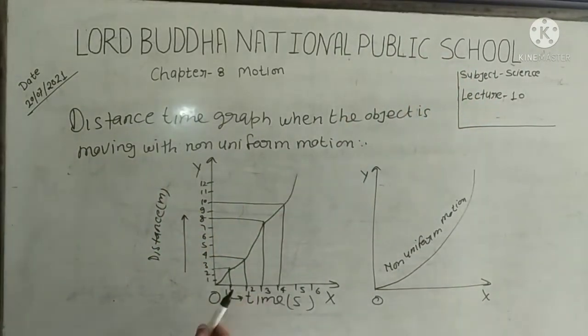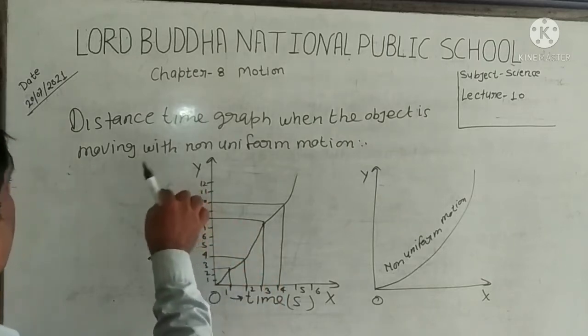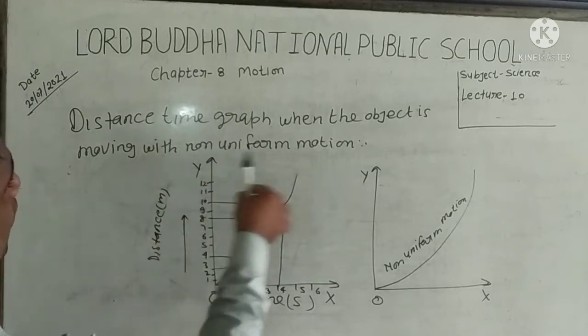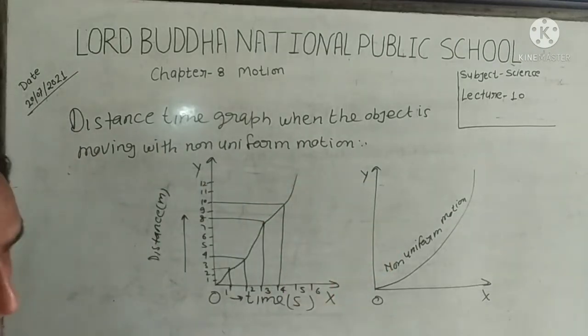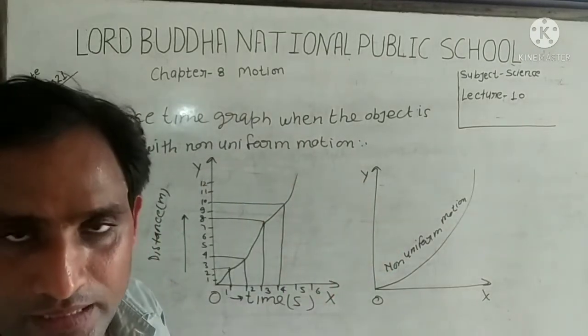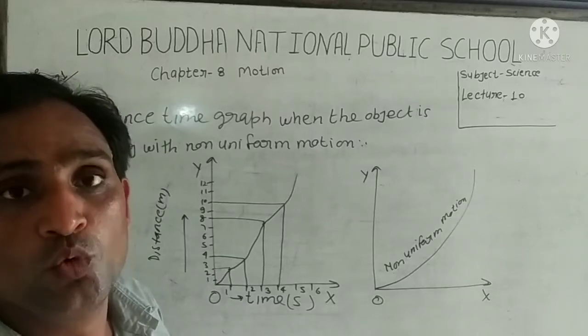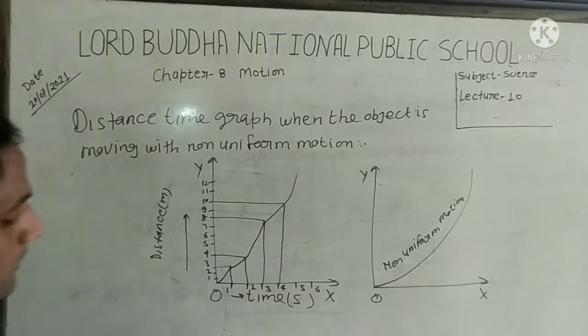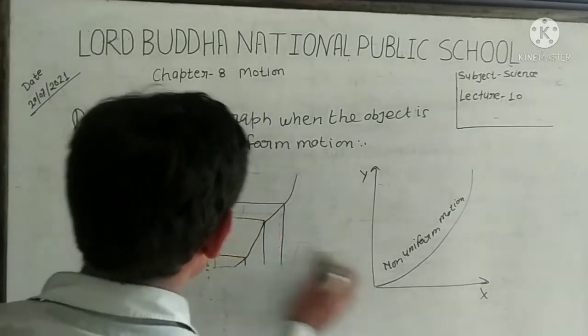So this is the distance time graph for the object moving with non-uniform motion. When we draw the distance time graph for an object moving with non-uniform motion, it will be a curve like this.